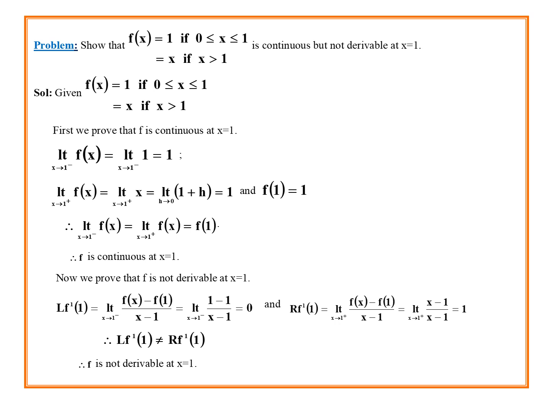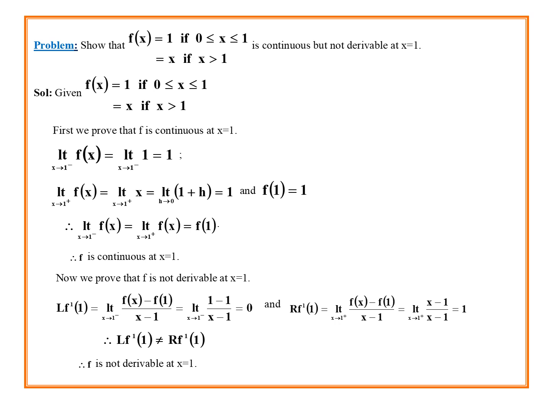Limit x tends to 1 plus f of x is equal to limit x tends to 1 plus of x, which is limit h tends to 0 of 1 plus h, equal to 1, and f of 1 is equal to 1. Therefore, limit x tends to 1 minus f of x is equal to limit x tends to 1 plus f of x is equal to f of 1. Therefore, f is continuous at x is equal to 1.